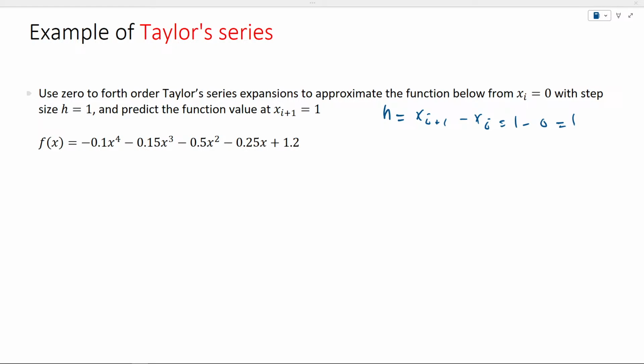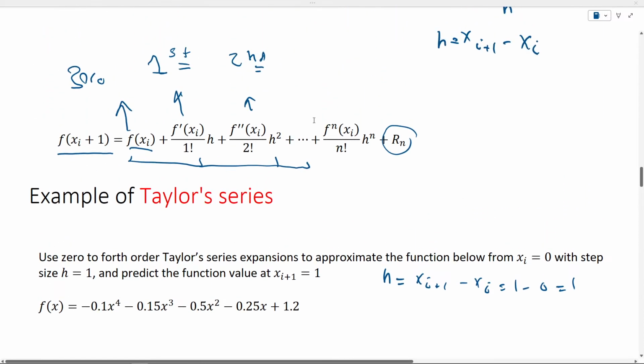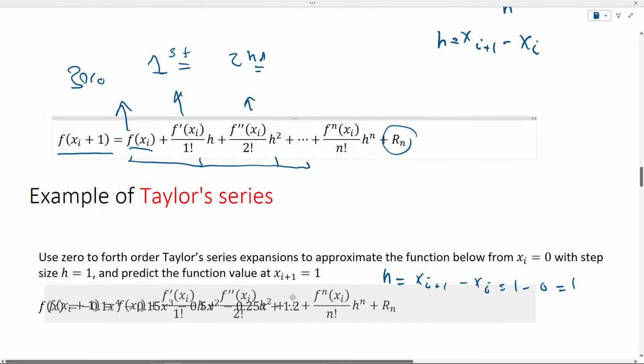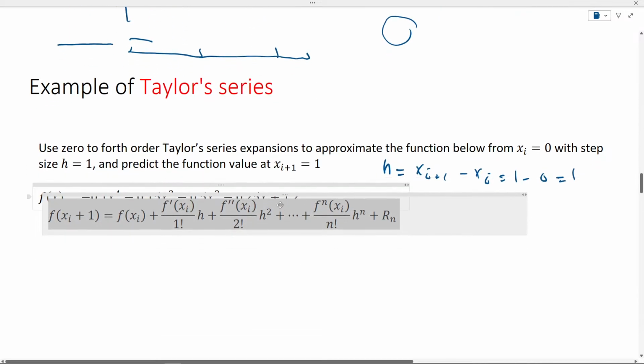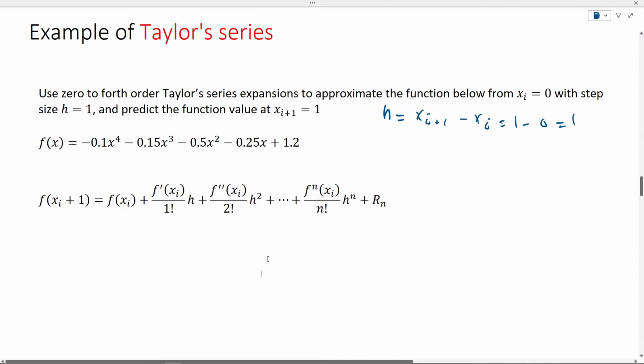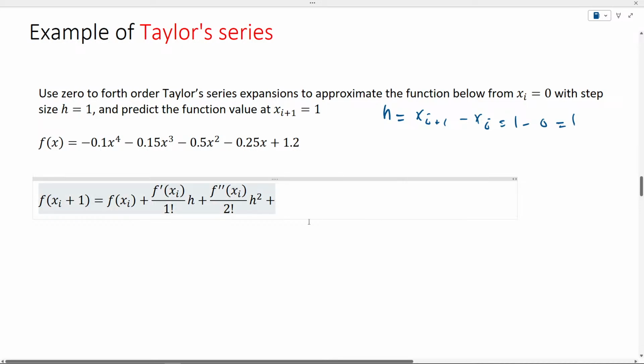So remember, you just bring your equation here. It's asking me only to go up to the fourth order approximation, so I can remove these. So here this is zero order, first order, second order.